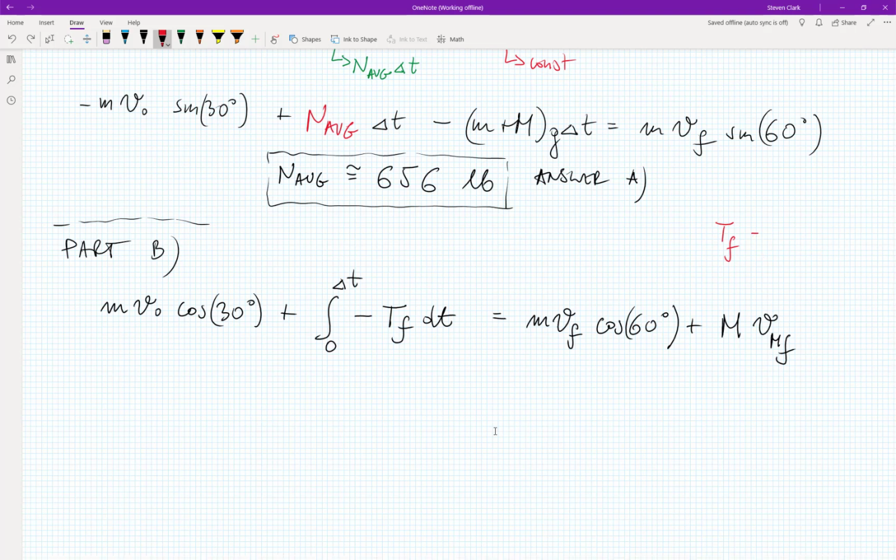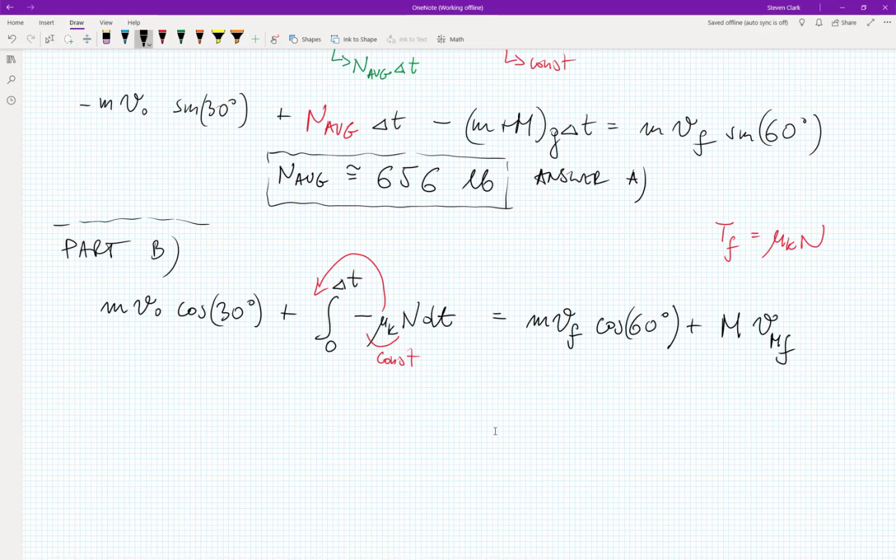So I hope you don't mind if I just erase that T F, and I will just plug mu k N in here. Second of all, mu k is a constant value. This is constant. So we can put it outside of this integral. Yes?